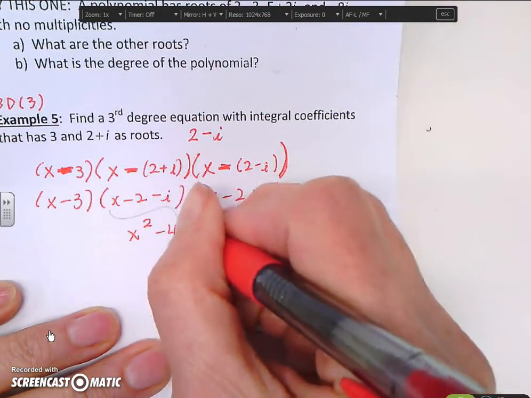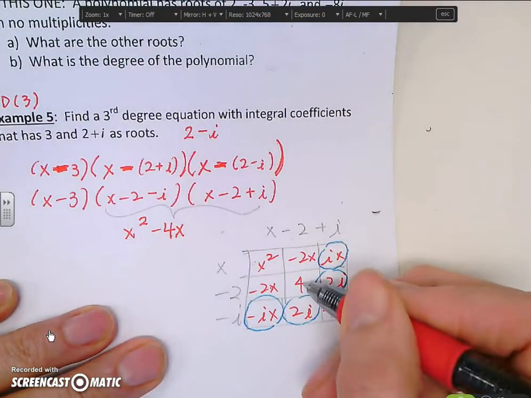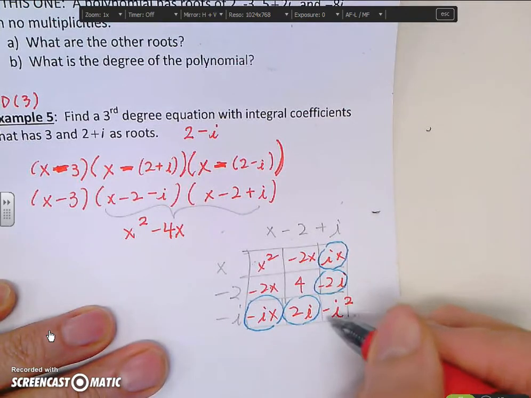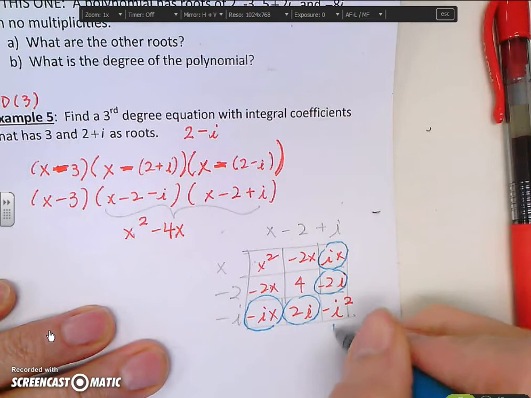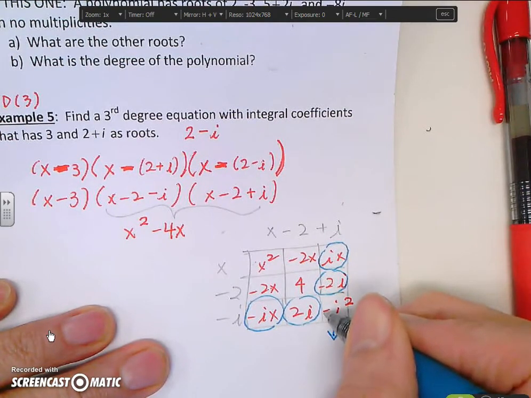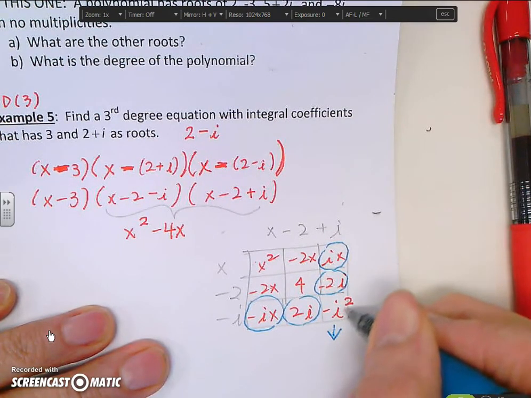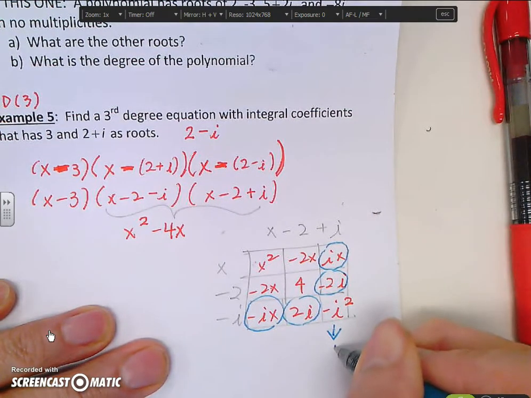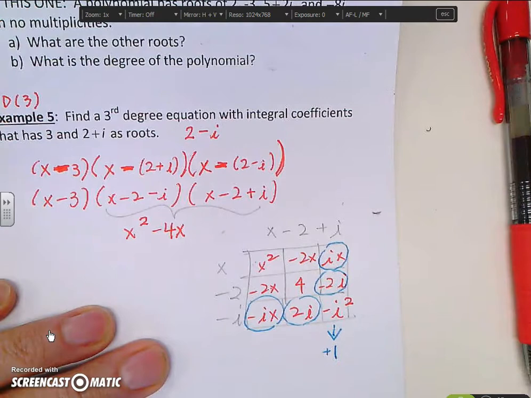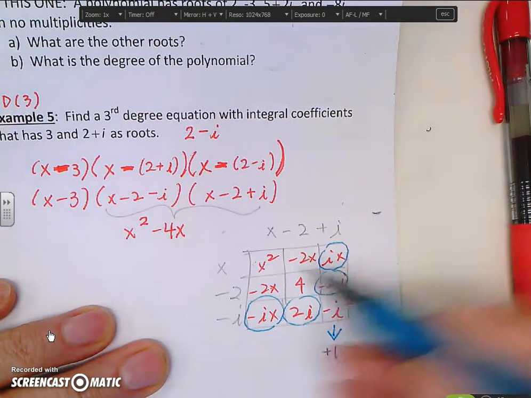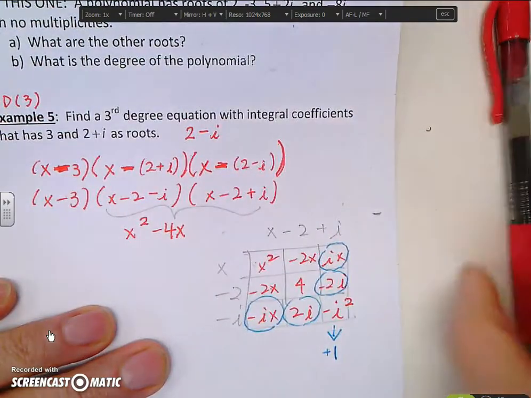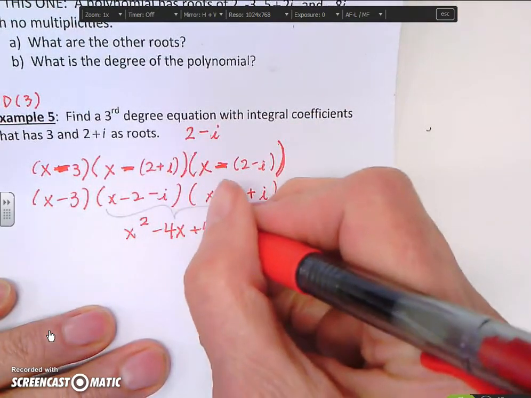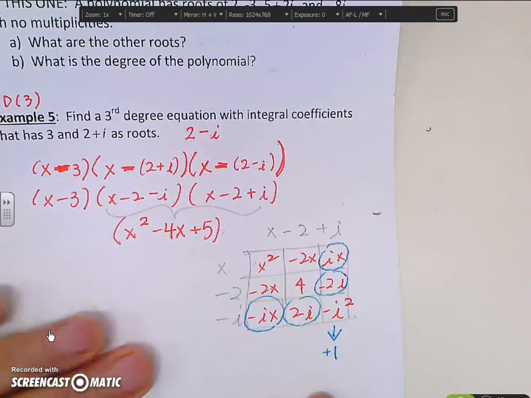That's minus 4x. And now I have the 4 and the negative i squared. So remember that i squared is a negative 1. So this is a negative 1, which makes a positive 1 right there. So then I'm going to have 4 plus 1. So that's going to give me a plus 5 here.